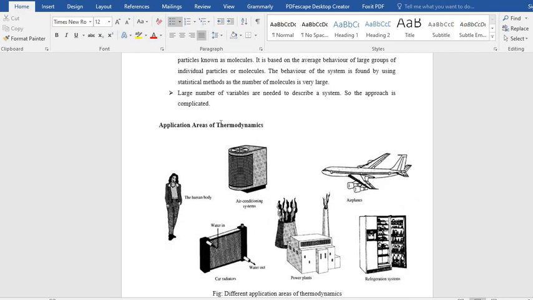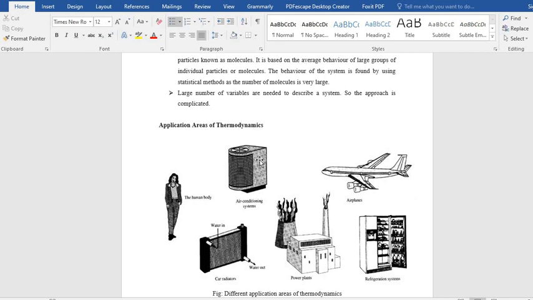As we have seen, if you look around yourself, you will see the application of thermodynamics everywhere. Inside ourselves, our human body is experiencing heat, which also falls under thermodynamics.